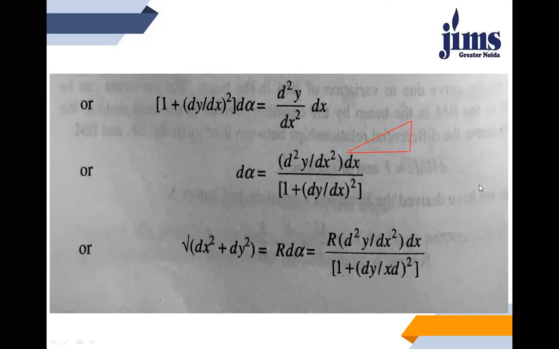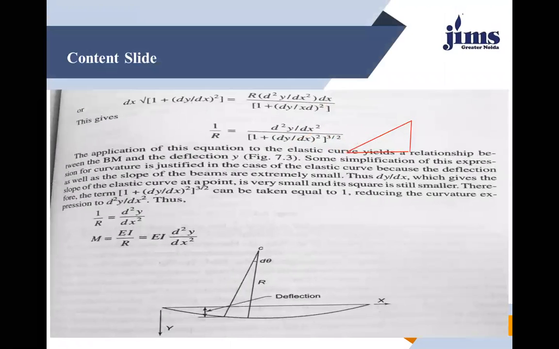So 1 plus dy by dx whole square times d alpha is equal to d square y over dx square times dx, and d alpha is equal to d square y over dx square times dx divided by 1 plus dy by dx whole square.